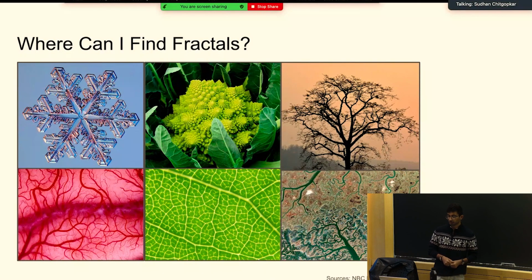We see human blood vessels in the bottom left, and then the veins of plants in the bottom middle, and then a river in the bottom right. And it really doesn't take a lot of squinting to see the similarity between all of these things. And like I said, lots of interesting philosophical questions if you're interested in engaging with that sort of thing.